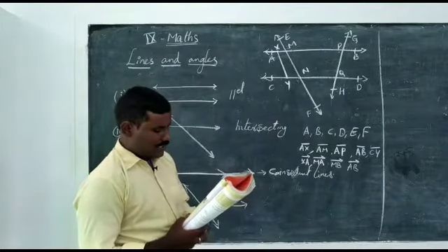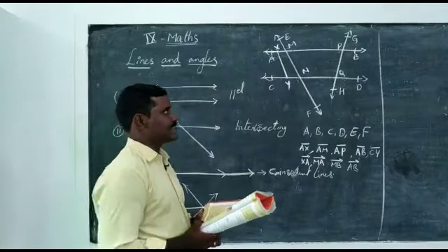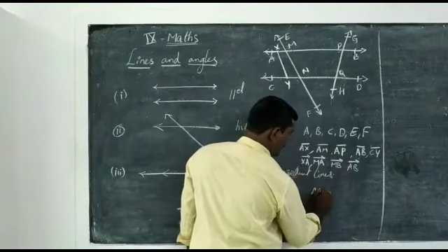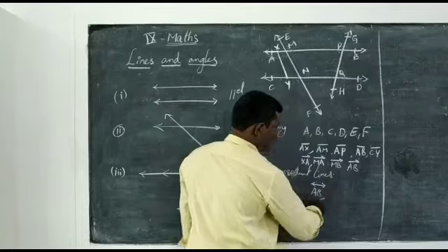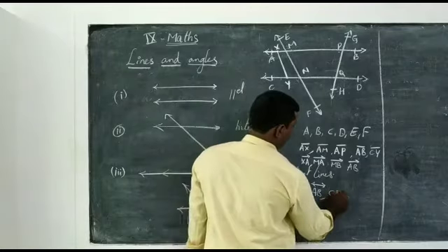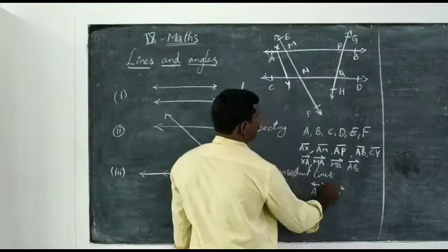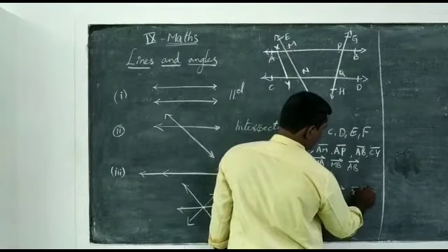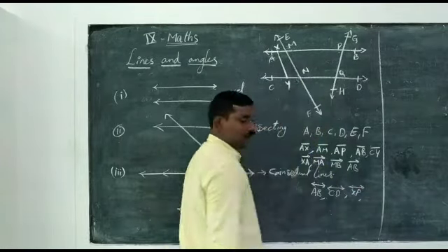And next question, any 4 lines. Line AB, the symbol has arrows on both sides, line CD, line XP, like this give the lines.